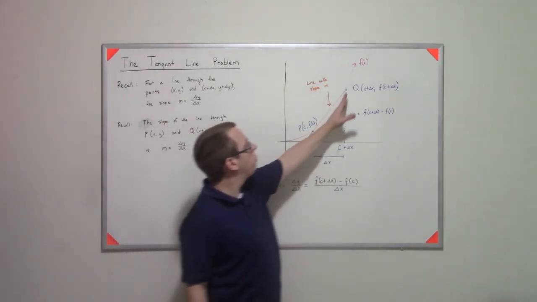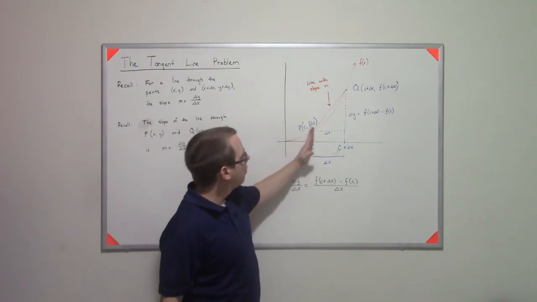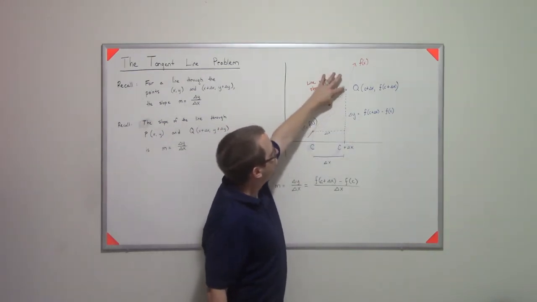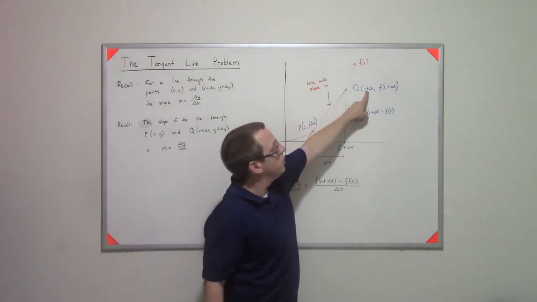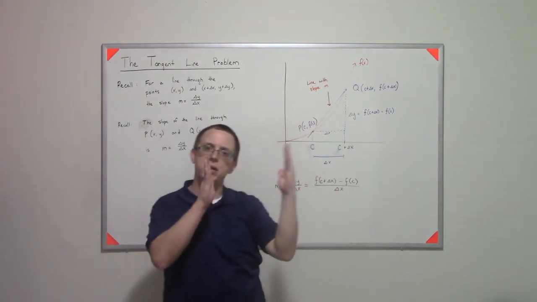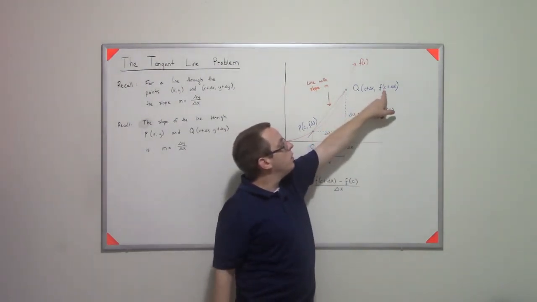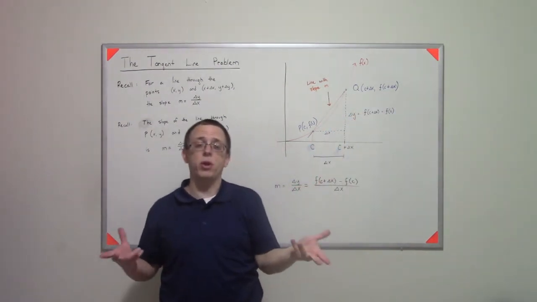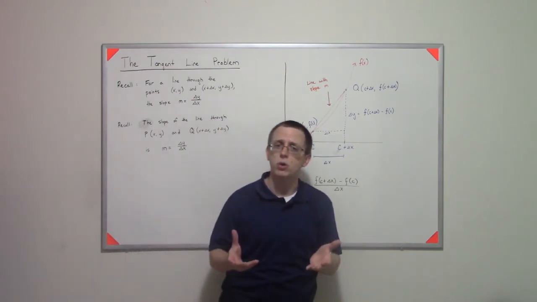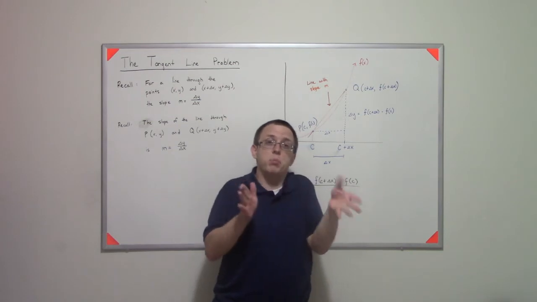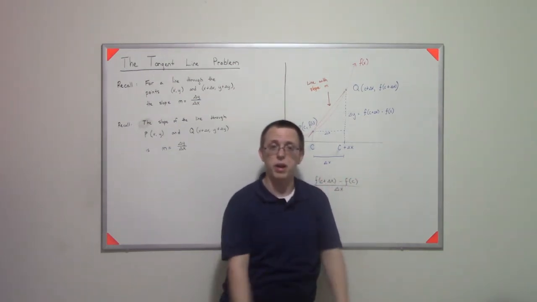And I have some other point Q. If I move a distance of delta x, then Q is at c plus delta x, so that's the new x value, it's that change. And the y value is f of whatever c plus delta x is. We don't know what the value is, just f of that number.